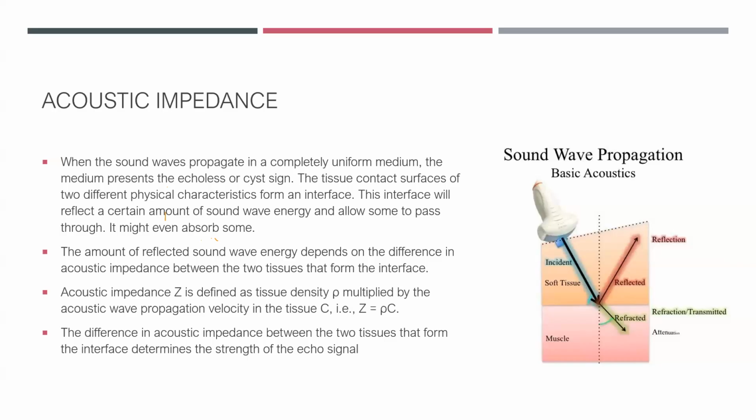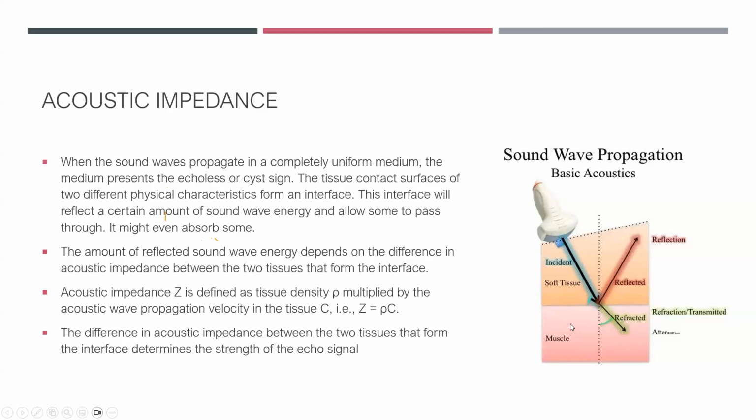And that is because of the property of acoustic impedance. It's the tissue density multiplied by propagation velocity. So while the machine will project an ultrasound wave at a certain velocity, if it moves through soft tissue, which is naturally from our perspective less dense, it will have a certain velocity. And then when it moves through muscle, it will have a different velocity.